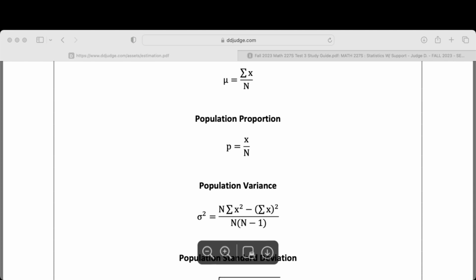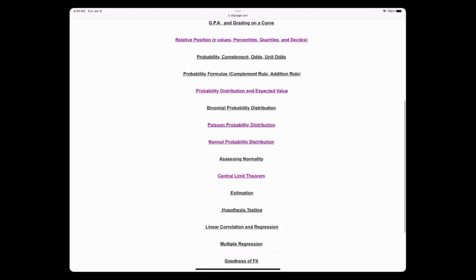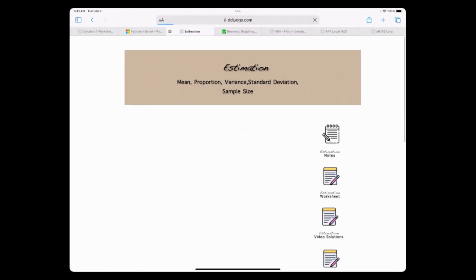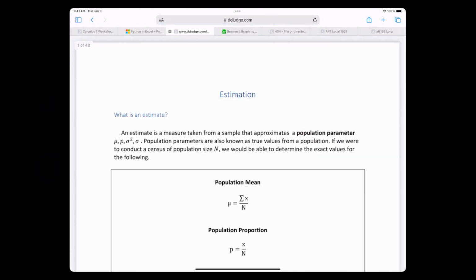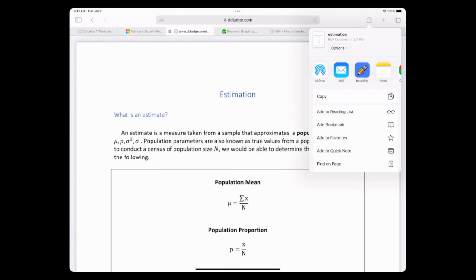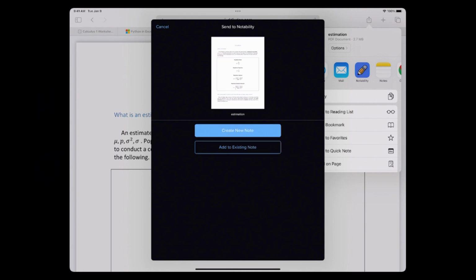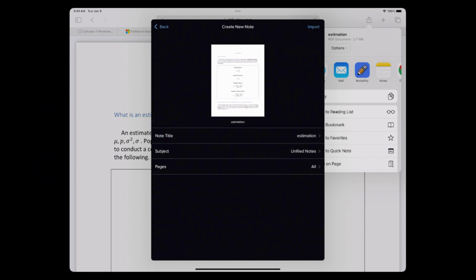Okay, so I'm going in Canvas now, or my website, under, you guys can see this under estimation. I'm going to put those notes in, and you guys create a new note.